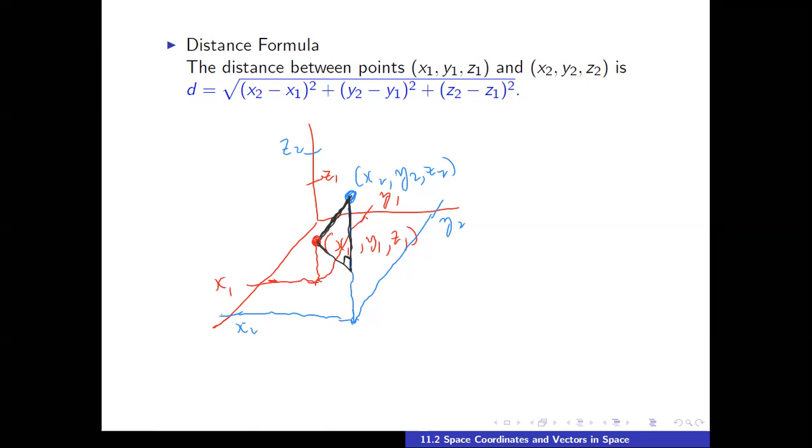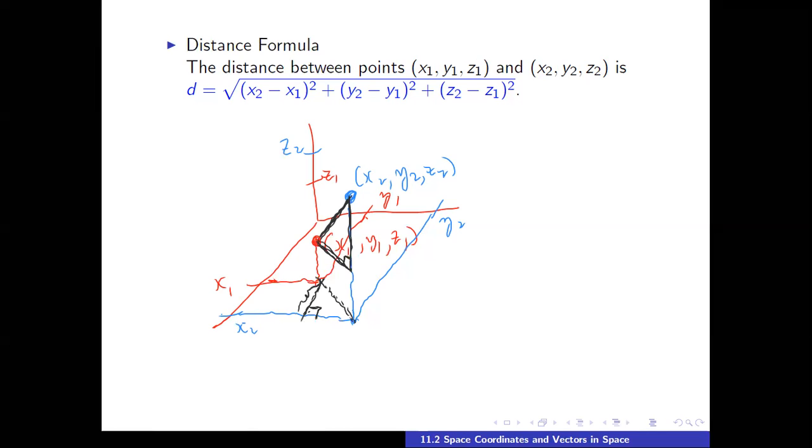There's a right triangle right there. And actually I can drop this guy right here. I can kind of look at its shadow down here. Do you see that? What is this distance right here? Okay, look at this little right triangle. What is this distance right here? That one I just highlighted.